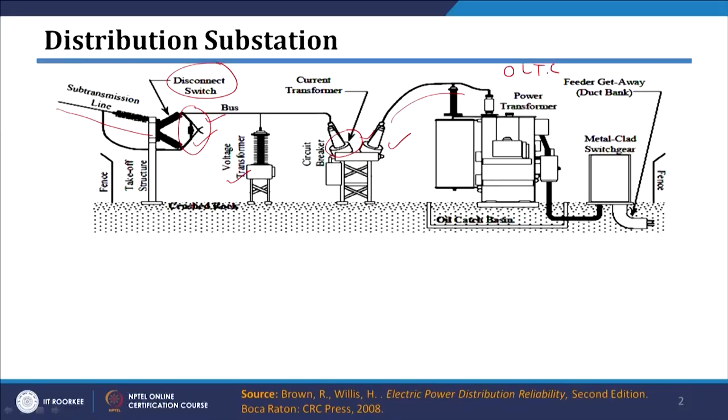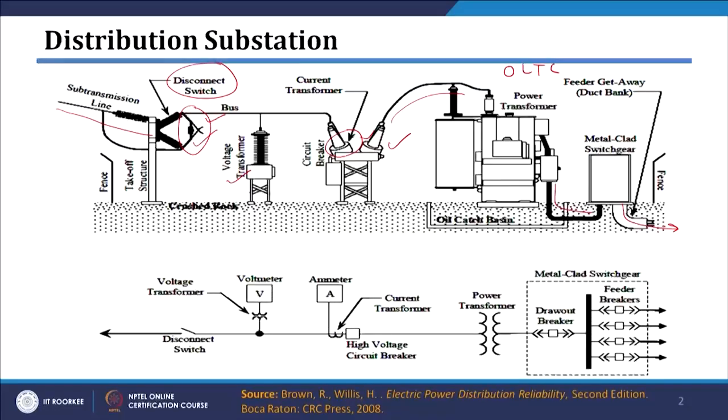But if it is an on-load tap changer, that is OLTC, then this tap will be operated on load. Then this step down connection will be given to the metal clad switchgear, and after this switchgear the lines will go out to the distribution system feeder, and they will be spread over your distribution system to distribute the electrical energy.